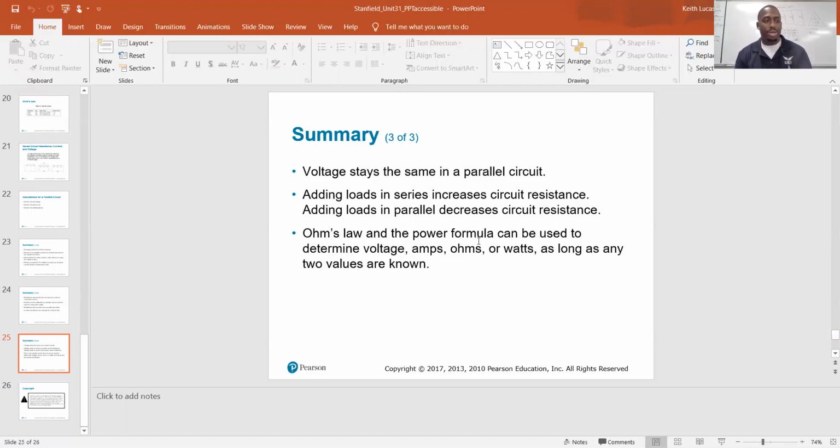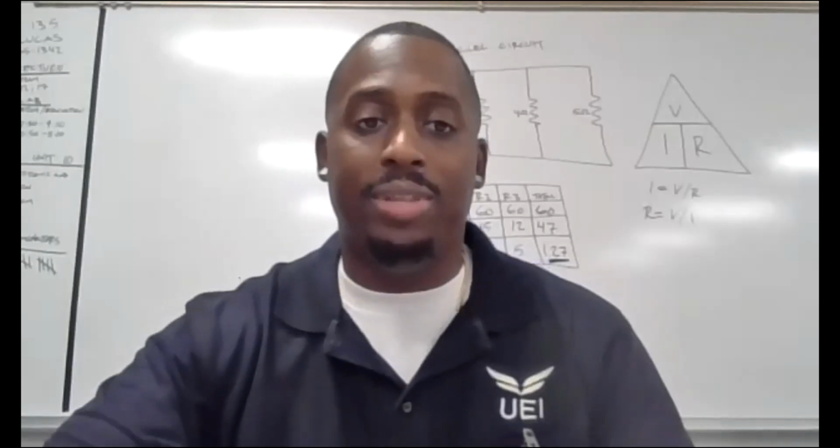Let's say you're on a freeway and only one lane is open. The more cars you put on there, the more resistance there's going to be. But let's say you opened up all the lanes. So now all these cars got their own lanes. It's going to be a lot less resistance. So that kind of helps me grasp that concept. So anyways, that is the end of that.